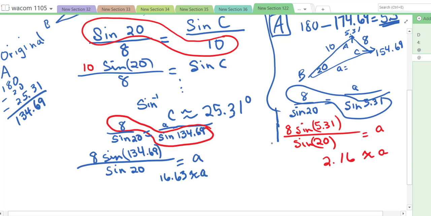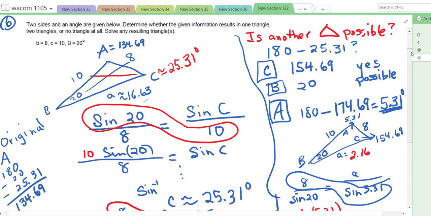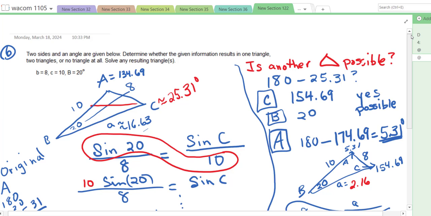So that is side A on your alternate triangle. So this is the case where you get two triangles and you would need to find all those pieces. So that is probably the hardest question that you would have.